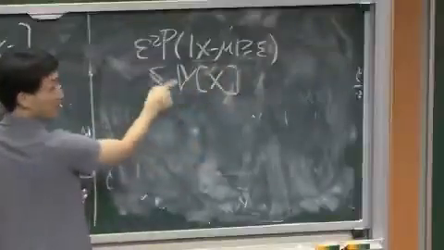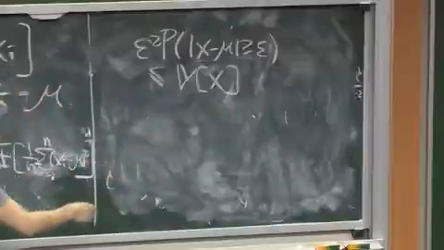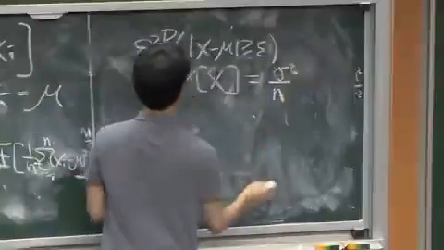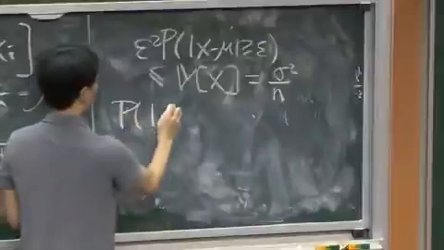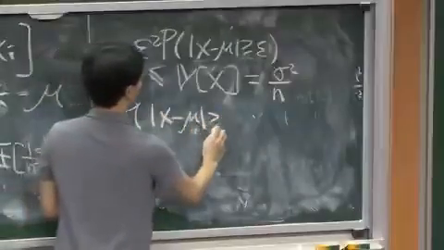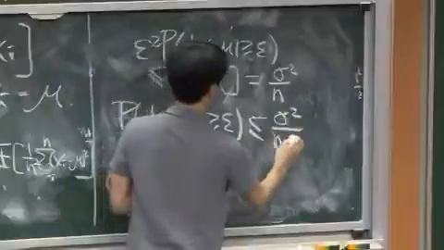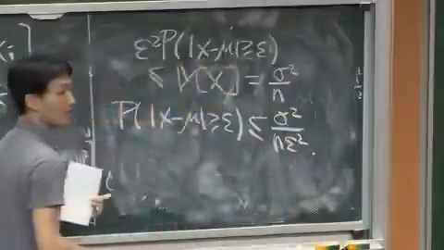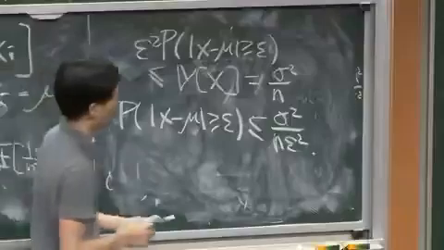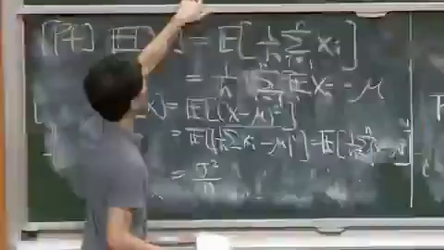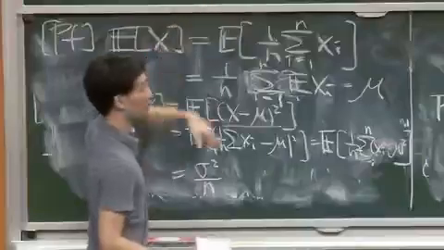So your variance has to be at least that. And this is known to be sigma squared over n. So the probability that |x bar minus mu| is greater than epsilon is at most sigma squared over n epsilon squared. That means if you take n to go to infinity, that goes to 0. So the probability that you deviate from the mean by more than epsilon goes to 0.